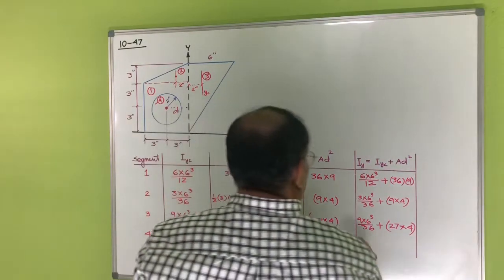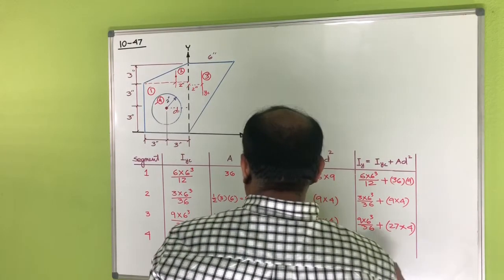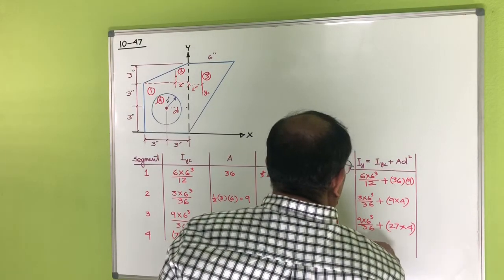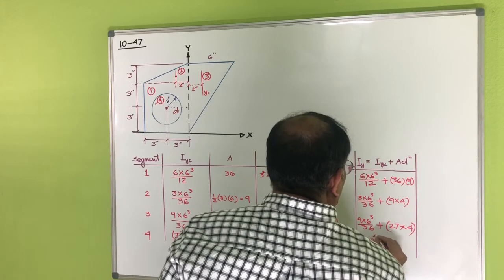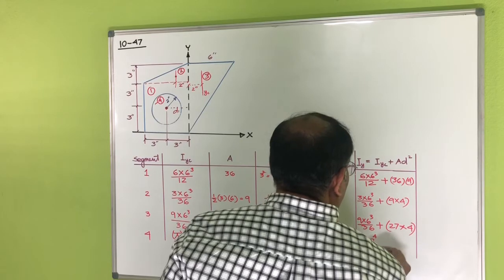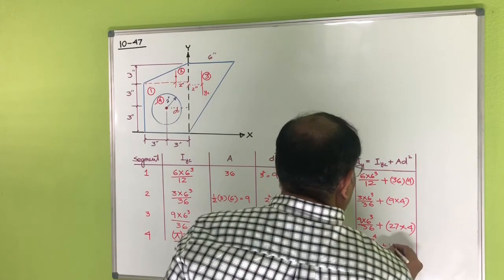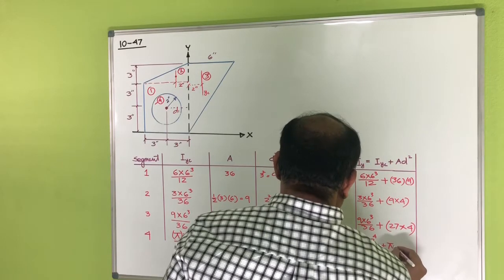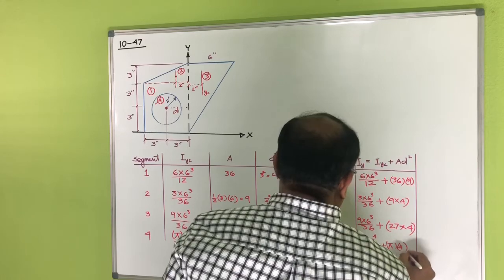And if you subtract that one from here, I'll just put a negative sign here, and that would be pi 2 to the power 4 by 4 plus pi into 4 into 9.